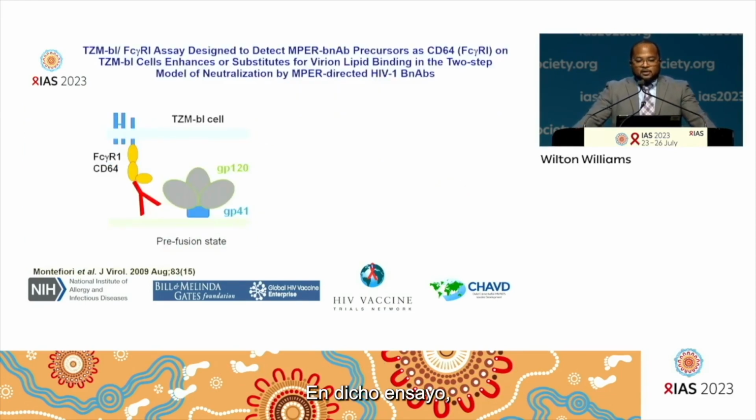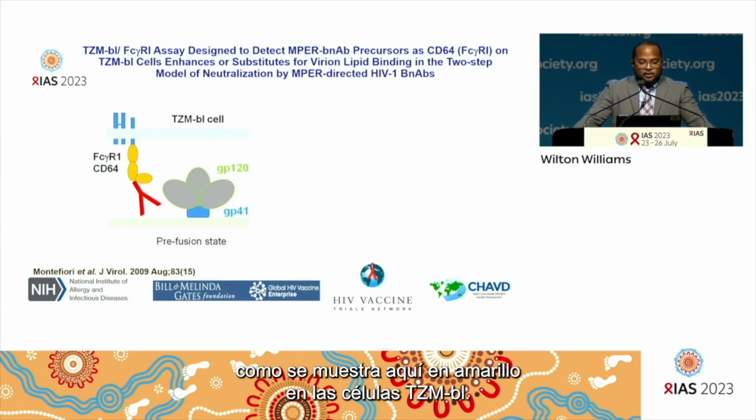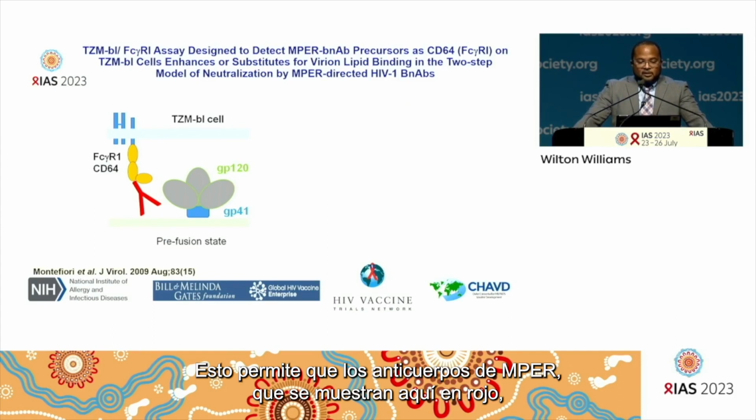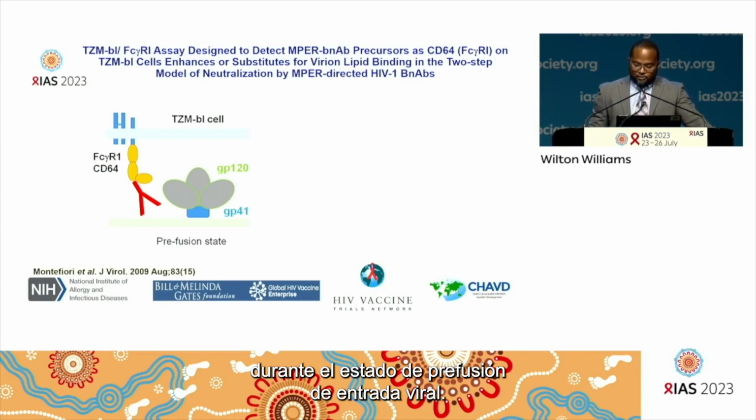Now, in the TZM-bl Fc gamma R1 assay, David Montefiori and colleagues at Duke engineered TZM-bl cells to express Fc gamma R1, or CD64, as shown here in yellow on the TZM-bl cells. This allows MPER antibodies, shown here in red, to use their Fc domain to bind the Fc gamma R1 in the TZM-bl cells, and then use their Fab domain to tether to the viral membrane during the prefusion state of viral entry.